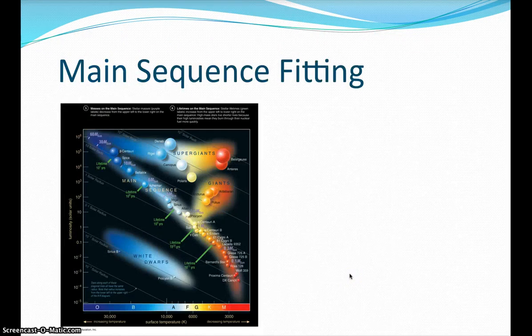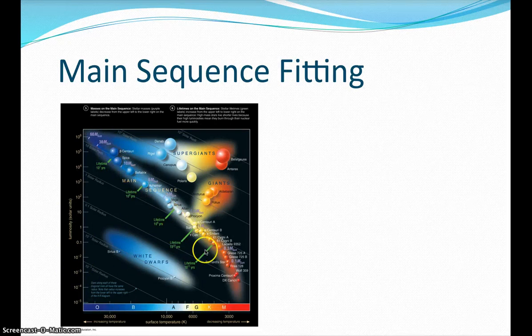So the first standard candle we use is related to this diagram. Again, unfortunately, because we don't have time to do the whole book, we haven't seen this before. This is an HR diagram, which is a way to classify stars. The horizontal axis is the temperature of the stars, and the vertical axis is the luminosity.